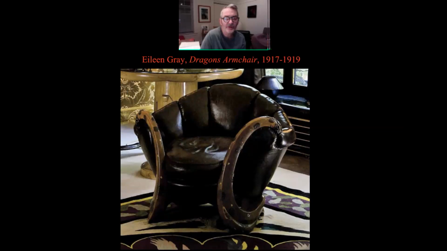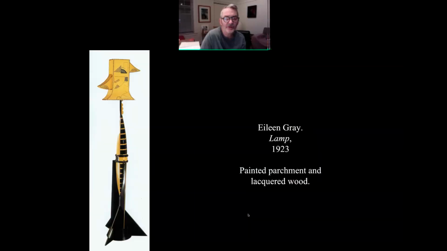Some of her furniture is, yeah, I don't even know what to make of this chair. It's like her barbarian phase. I love these big horns on the side. A floor lamp, lacquered wood, painted parchment. Very unusual.